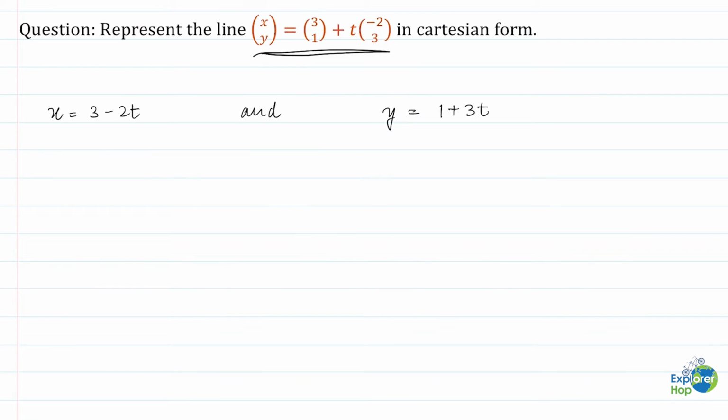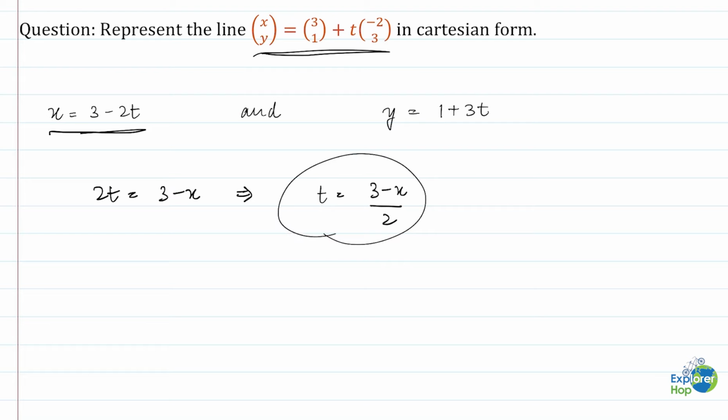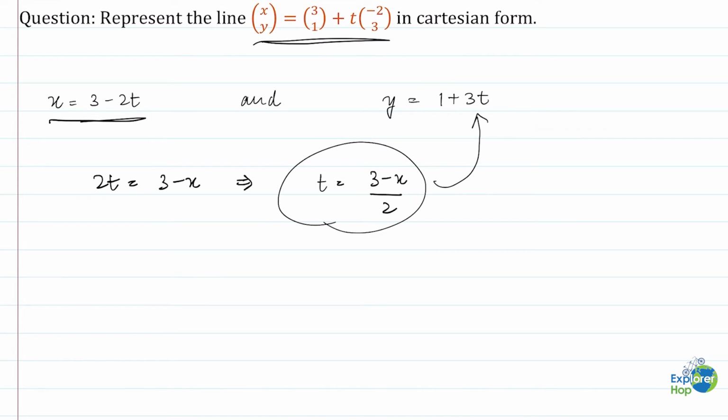So let's pick this equation, and rearranging the equation we would get 2t is equal to 3 minus x, and we would get t to be equal to (3 minus x) over 2. Now we'll substitute this t that we have into this equation to get y is equal to 1 plus 3 times (3 minus x) over 2.